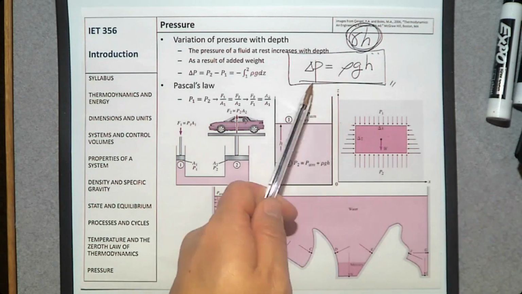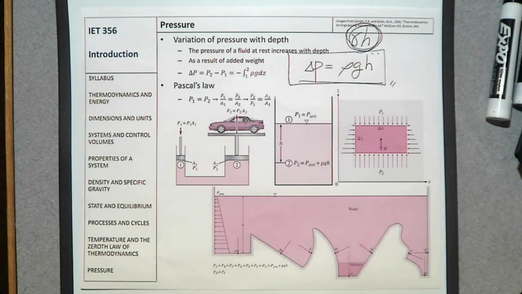And what makes the change of pressure? Gravity. So if you go up, the opposite direction of gravity, pressure goes down. If you go down in the same direction as gravity, the pressure goes up. Then what about if you go horizontally?